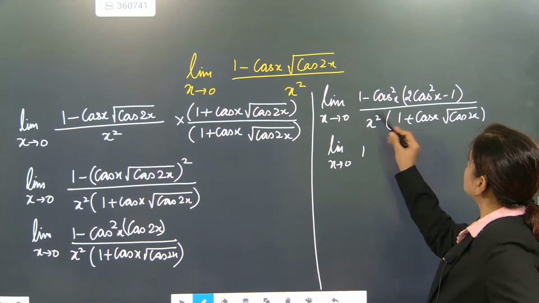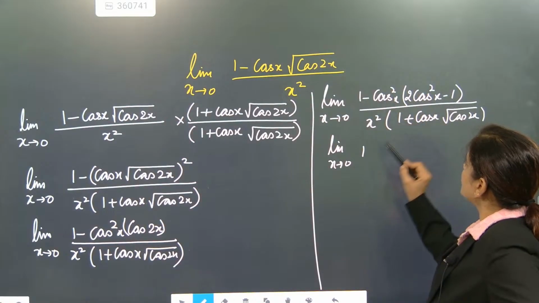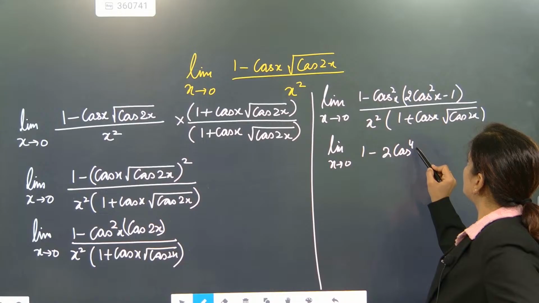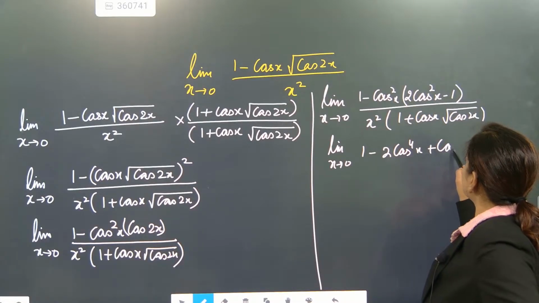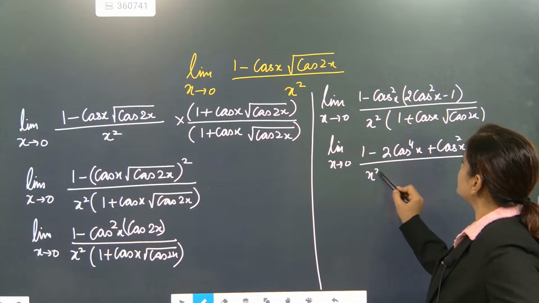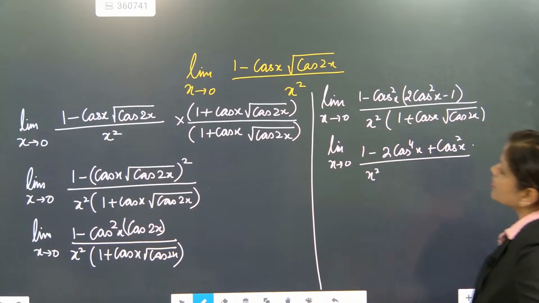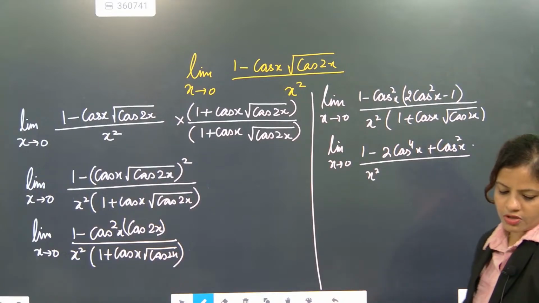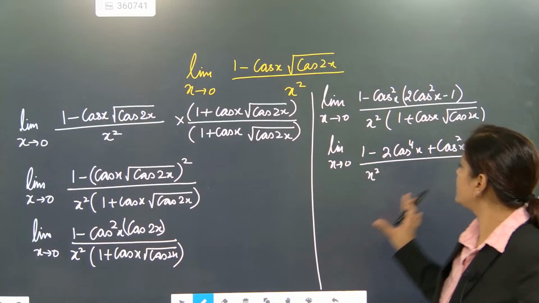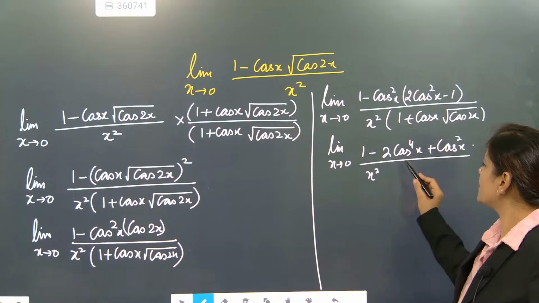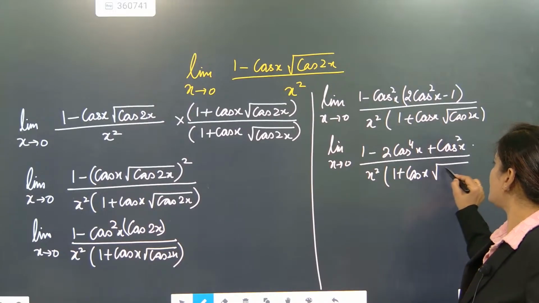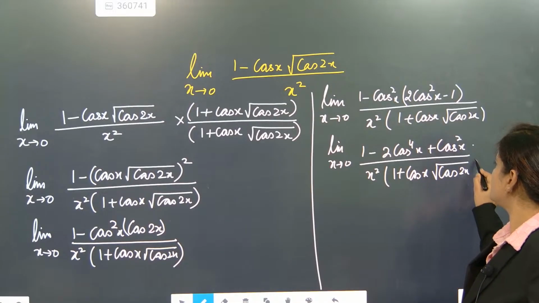Here 1, because this part will multiply, it will become 1 minus 2 cos 4x plus cos square x. Understood? By x square, did you check this one out? Because cos 2x formula will be 2 cos square x. So here this formula will come. Once you have written till here, just check this one out. x square 1 plus cos x. I am writing elaborately. I am not missing anything.